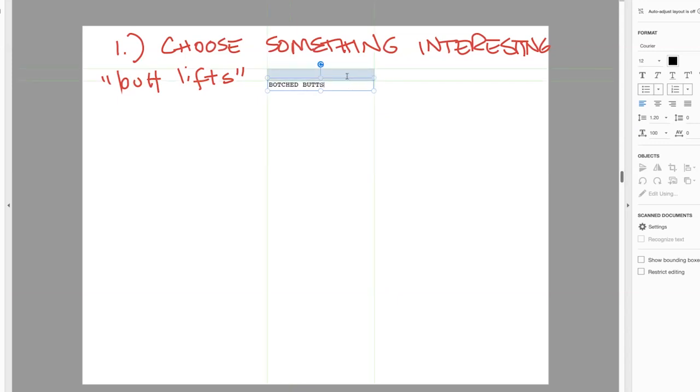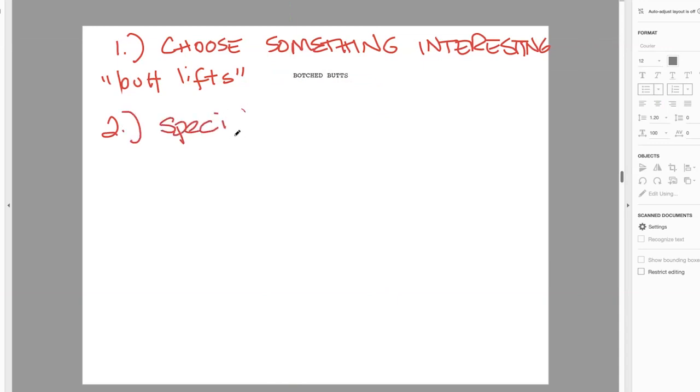Now, Botched Butts, she did all her research. Just because this was something that was around her doesn't mean that she was just able to spout off her opinion and be like, well, I heard this girl did this and went there. She did proper research, but it was something that was interesting to her. She liked doing it, and it showed. But the other good thing about it is it was very specific.